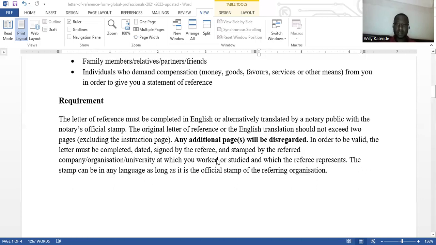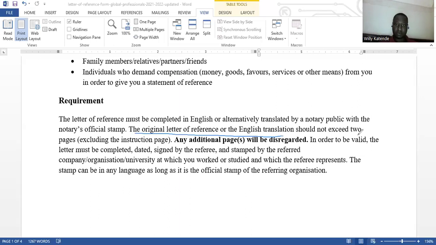Then we talk about notarizing your reference letter if it is not completed in English. And then there's another one here. They're saying your letter of reference should not exceed 2 pages.